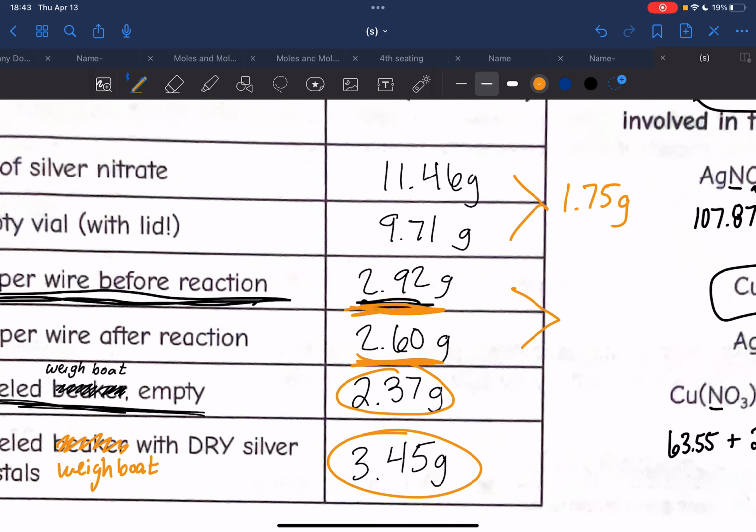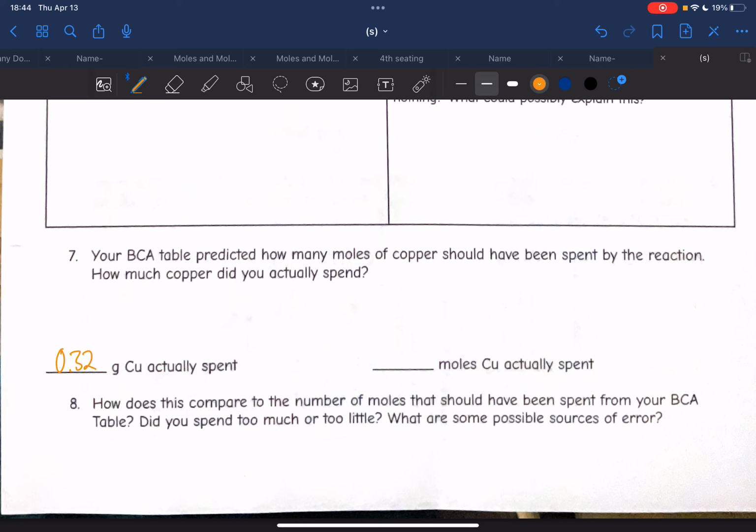How many moles is that? This is another gram to mole conversion. See, it's just the same thing over and over again. Grams to mole conversion, I'm going to take my 0.32 grams. I'm going to divide by the molar mass of copper, which is 63.55 grams per mole. 0.32 divided by 63.55.